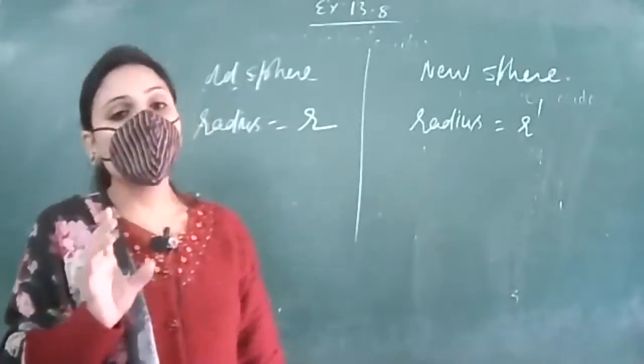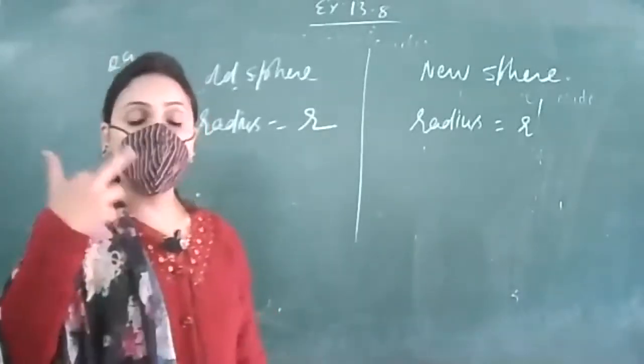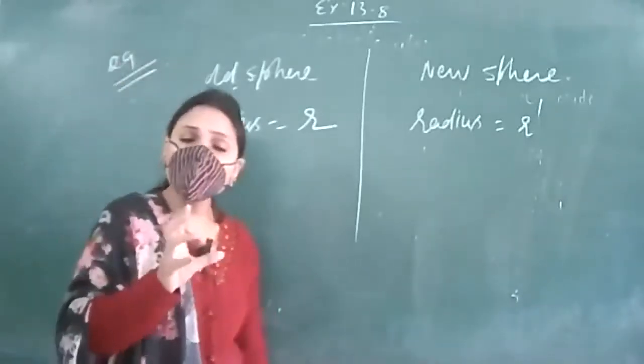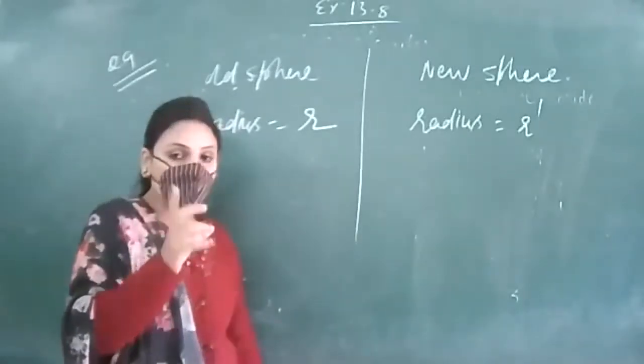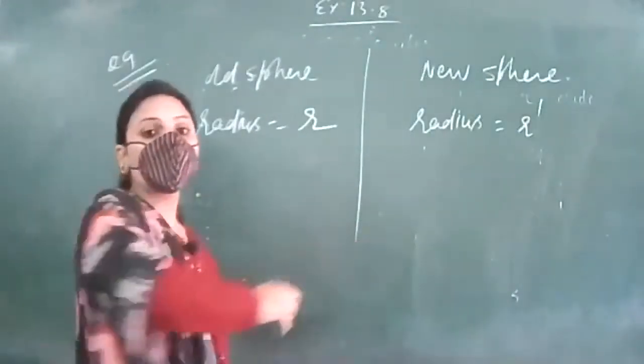That should be very, very clear to you, that when we are converting one solid to another solid, the volume remains the same. And here the conversion of solid is not one sphere only, there are 27 such spheres which are converted to the bigger sphere.